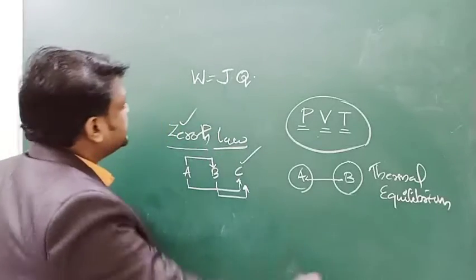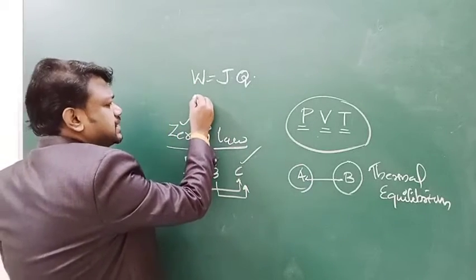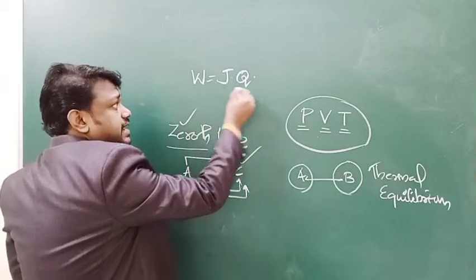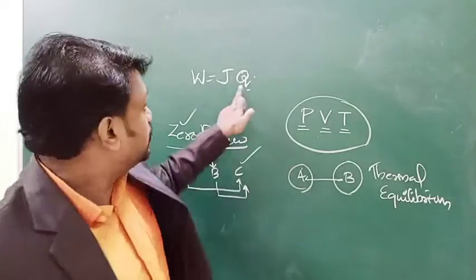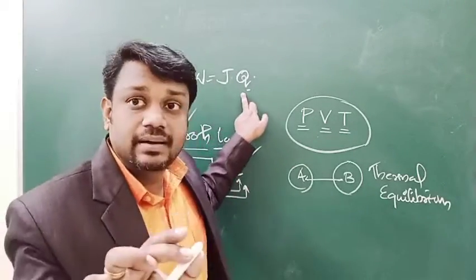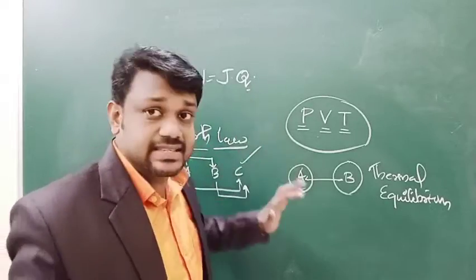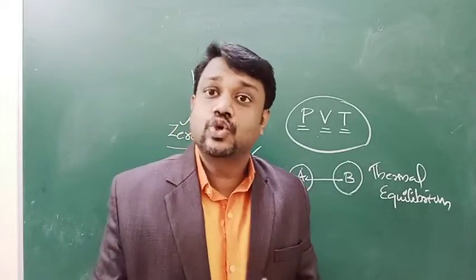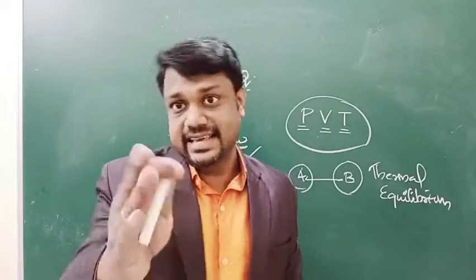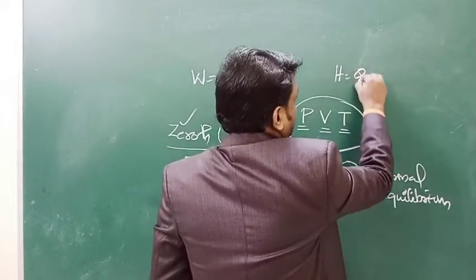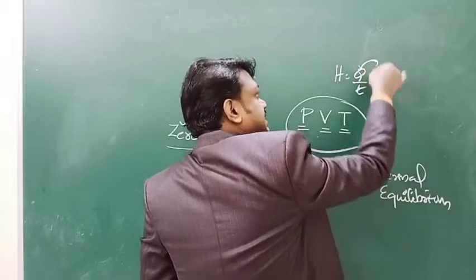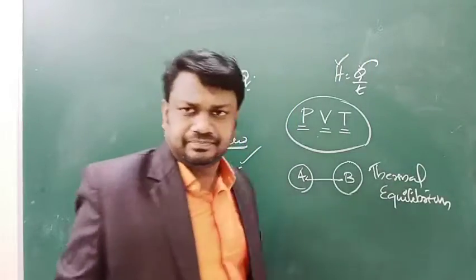And you know, initially work is measured in joules and energy is measured in calories. Remember, Q is heat energy. Q means we are representing heat energy with Q. The rate of heat is H, that we have already seen. H is equal to Q by T. That is the rate of heat.